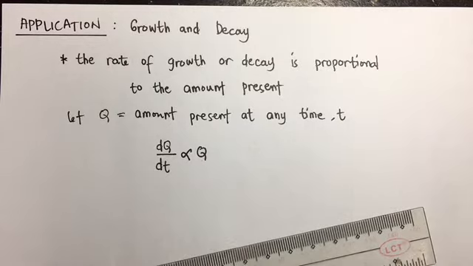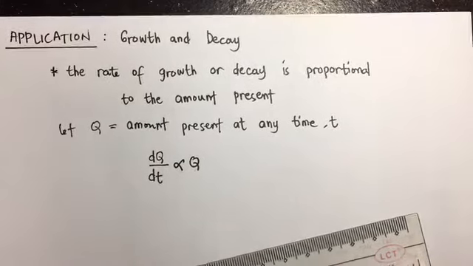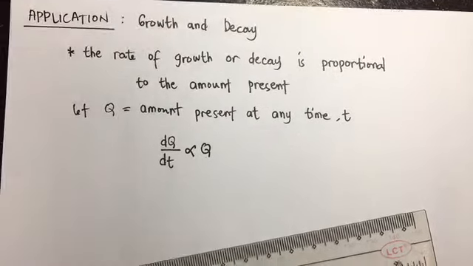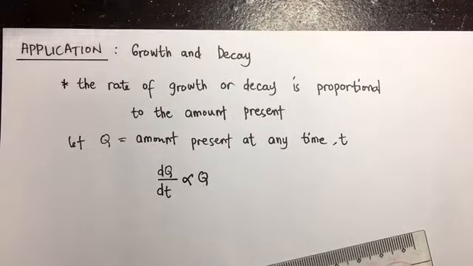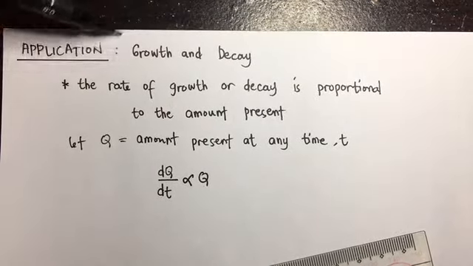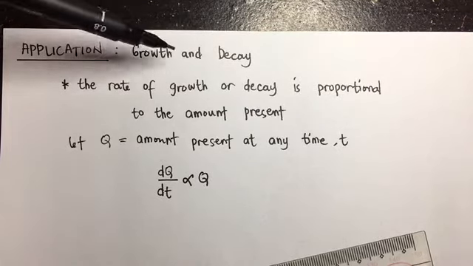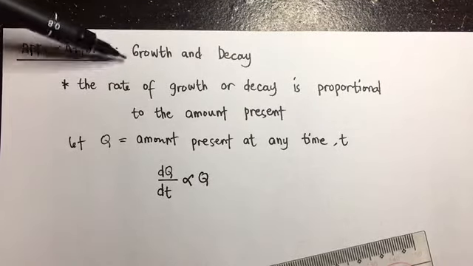Okay, so this pertains to growth or decay of any substance, or it could be growth of a population. So anything that is growing and can be quantified. So growth of population, what else? Cell multiplication, bacteria colony.